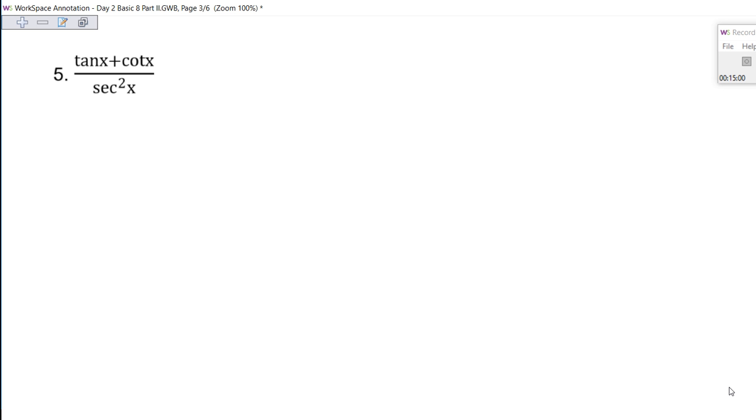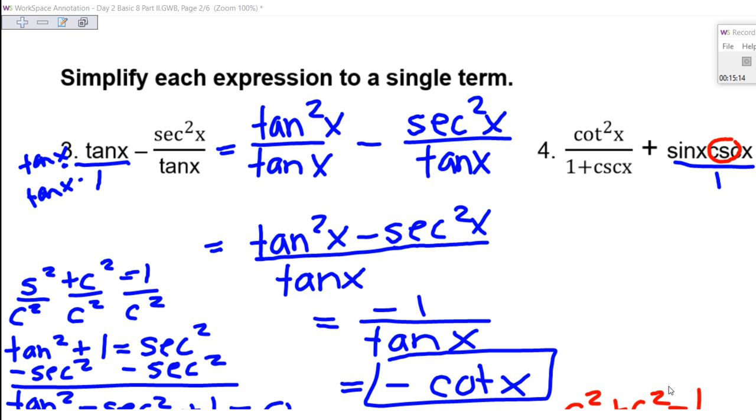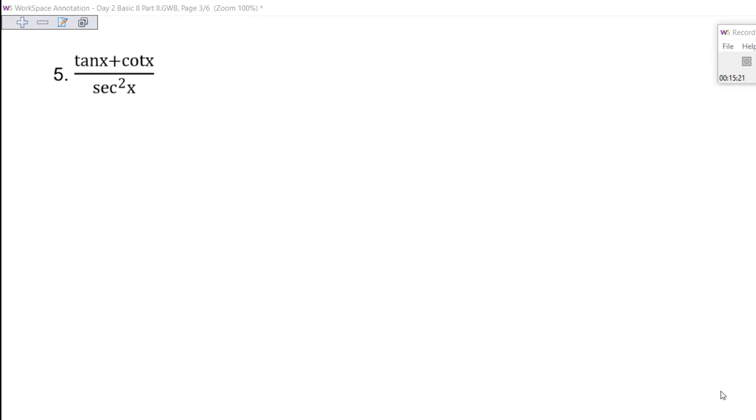Next one, problem number 3, we have tangent of x plus cotangent of x, and that sum is being divided by secant squared of x. Now, looking back at these other questions, how many terms were we given? 2. We're given 2. But over here, how many fractions do we have? Just 1. So what you could do, you could break this up into separate fractions.